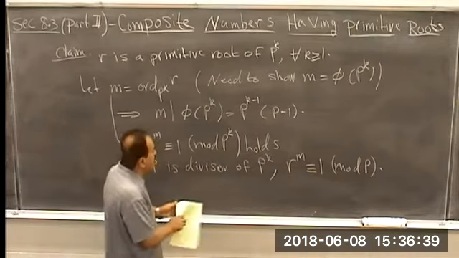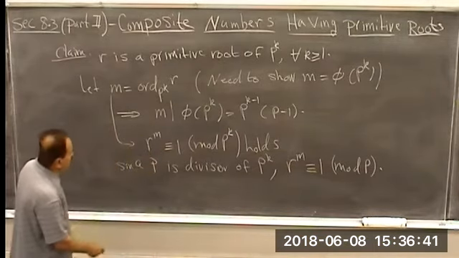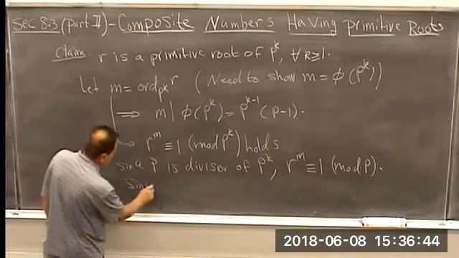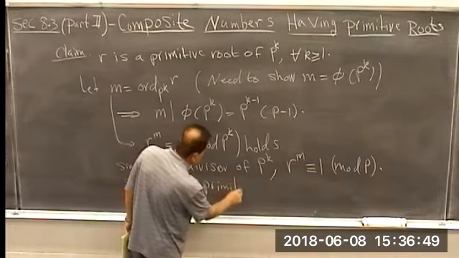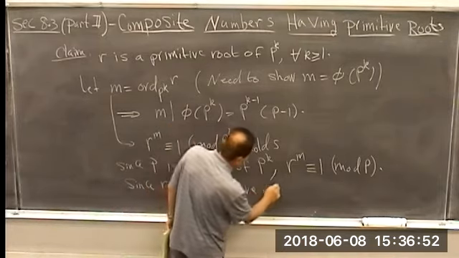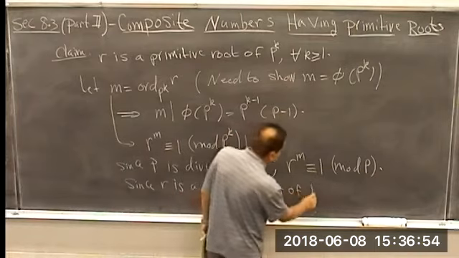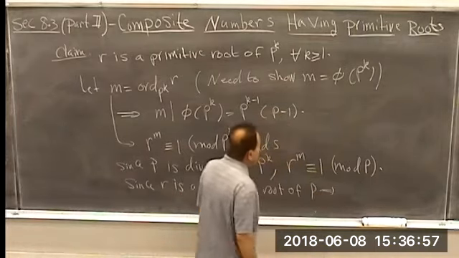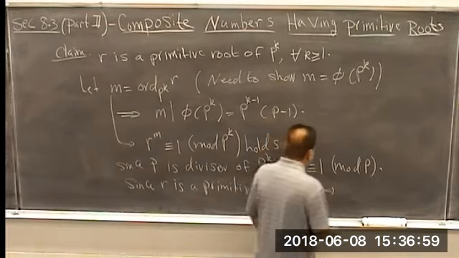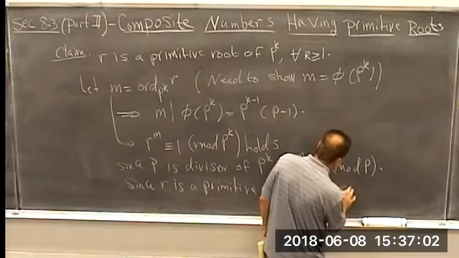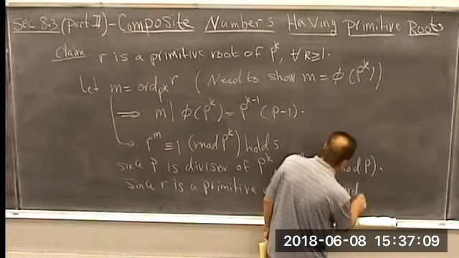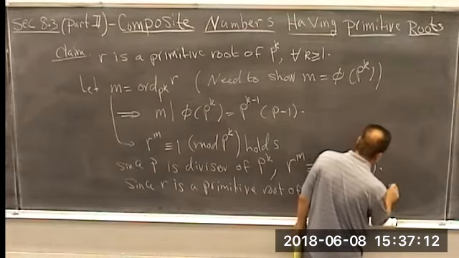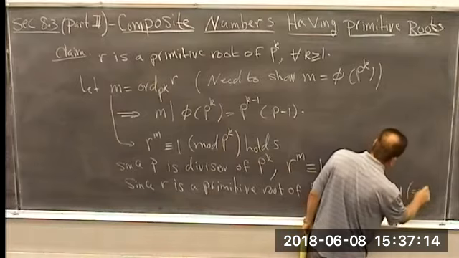Now, also we know that R is a primitive root mod p. This implies that the order mod p of R is equal to p minus 1, which is equal to phi of p.